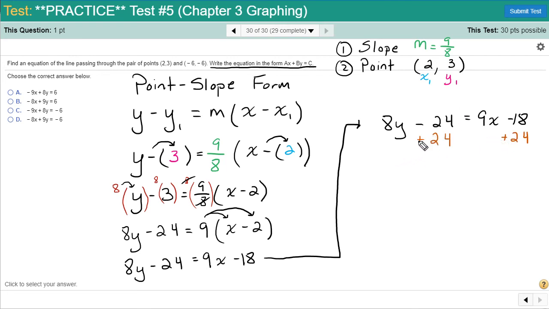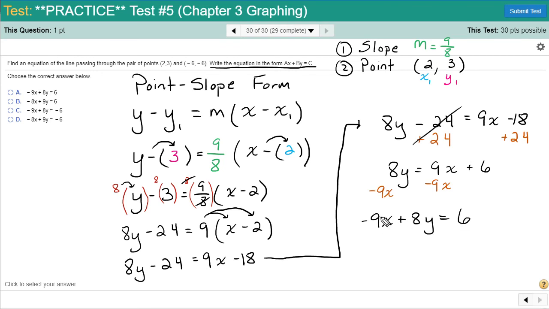So when we add 24 to both sides, well, negative 24 plus 24 is now gone. So we have 8y on the left is equal to 9x, and negative 18 plus 24 is a positive 6. And so last step here is let's get that x and y on the same side, and to do that all we have to do is subtract 9x from both sides, and when we do we end up with negative 9x plus 8y is equal to positive 6.